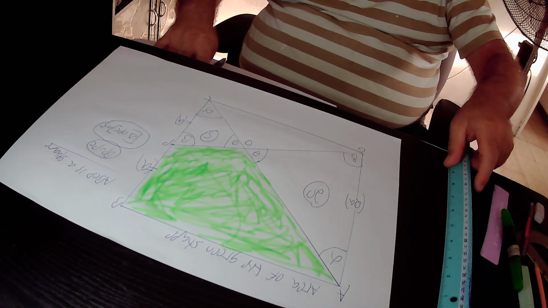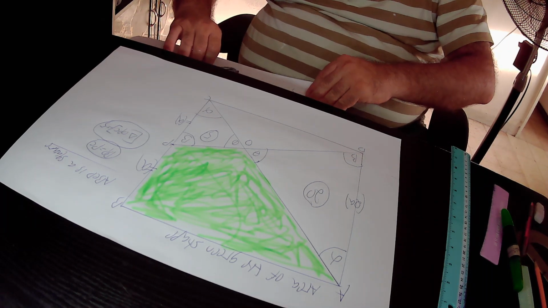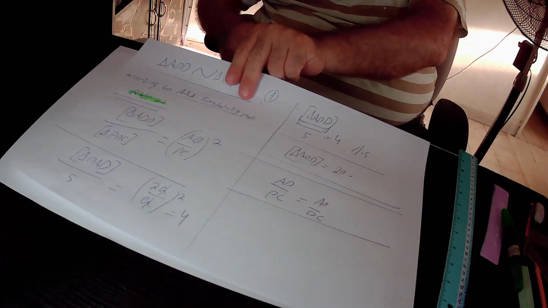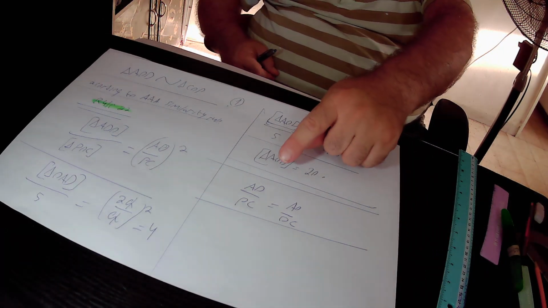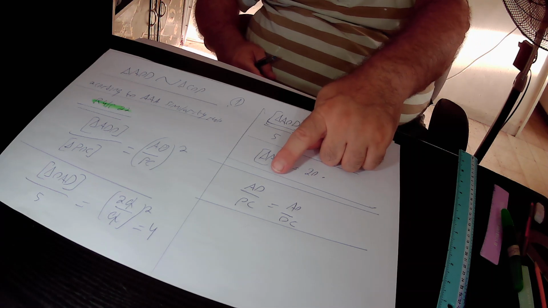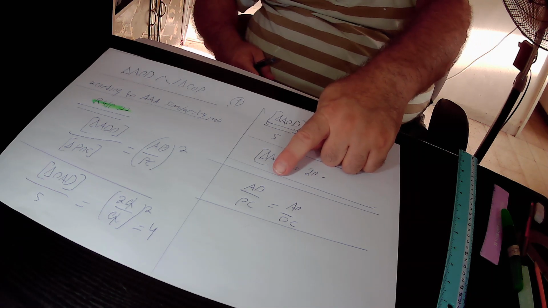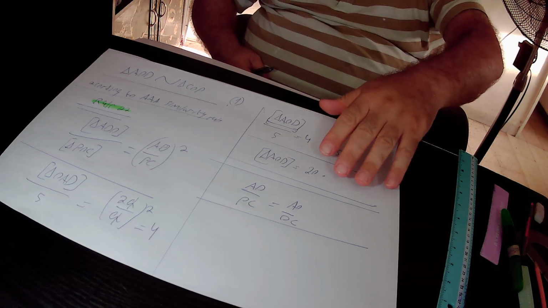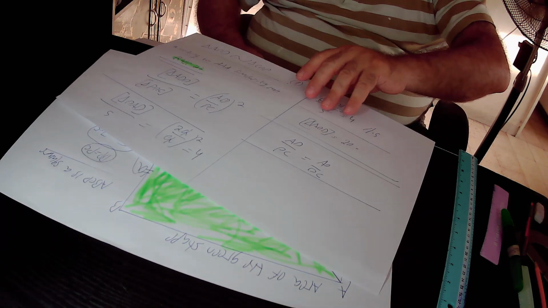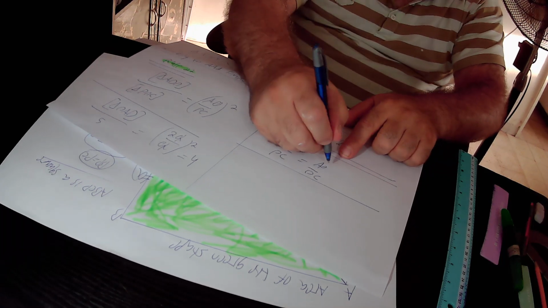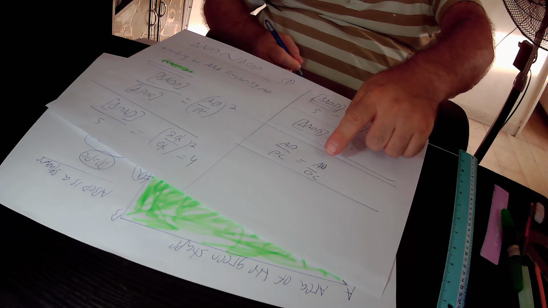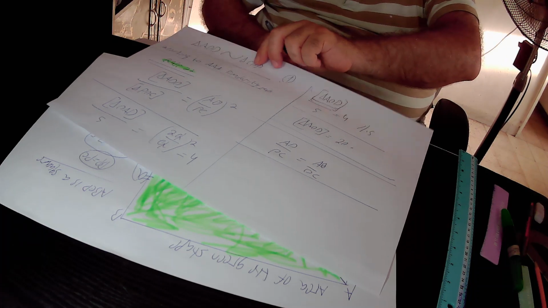And again, because those two triangles are similar to each other, the following relationship holds between the sides. The side AD of the big triangle ADO over side PC of the small right triangle POC is equal to side AO of the big right triangle AOD over side OC of the small right triangle POC.